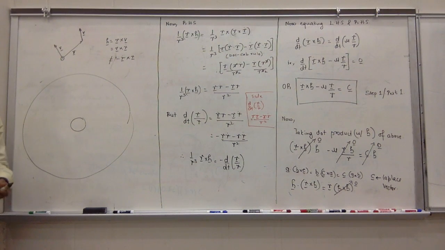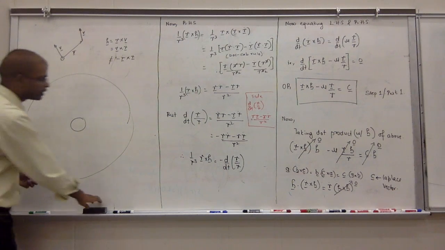You realize that most of our planets are in the same plane, except for Pluto. Okay? Most of our planets are in the same plane. So that is what it means.